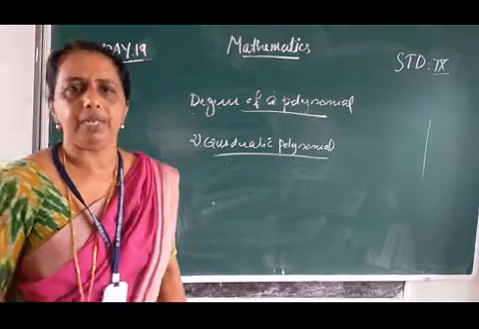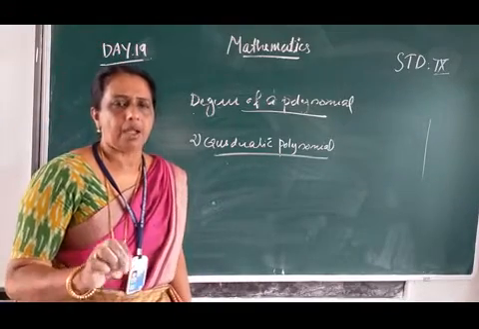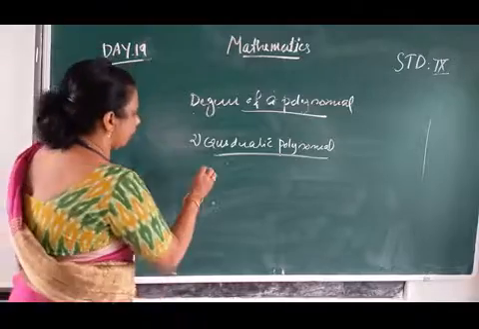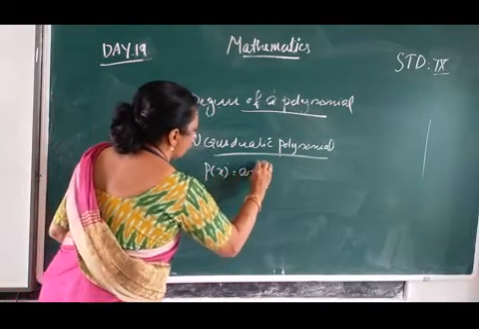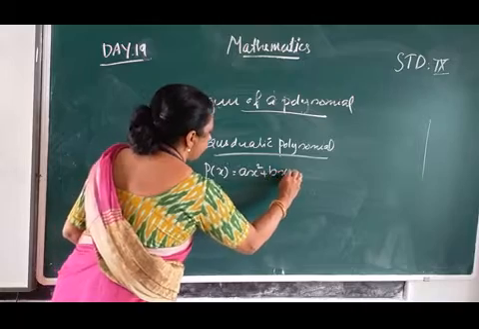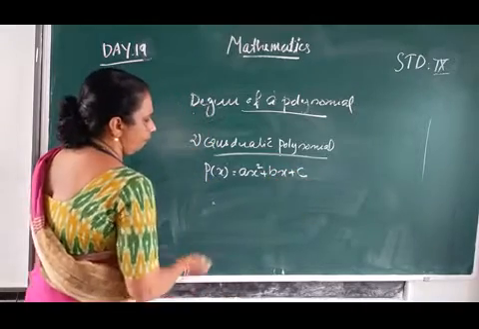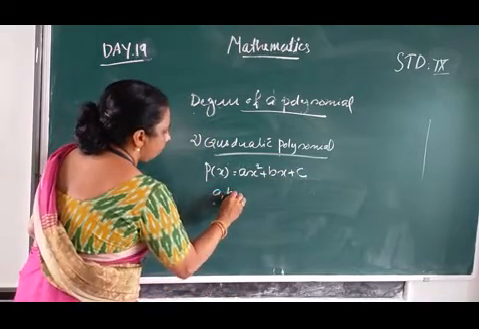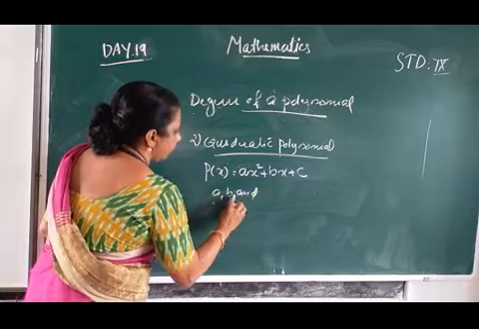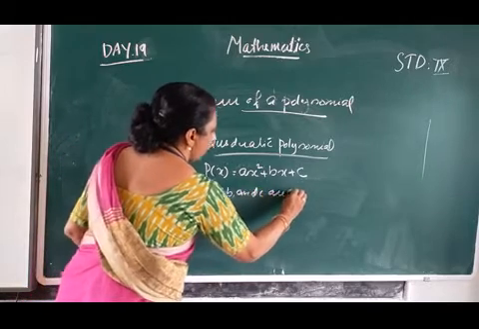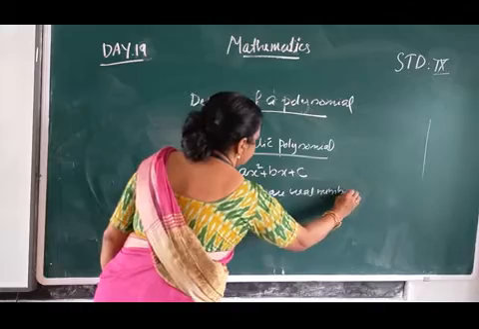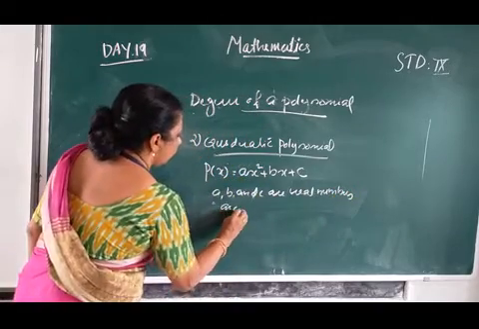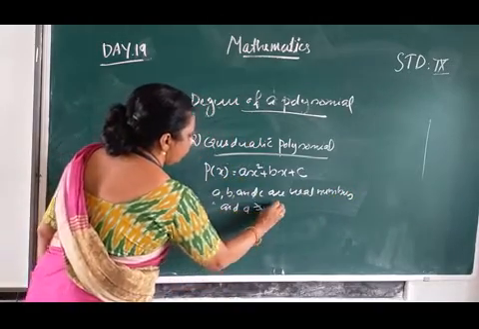A polynomial in the variable x of degree 2 we can write as p of x is equal to ax square plus bx plus c, where a, b and c are real numbers and a is not equal to 0.